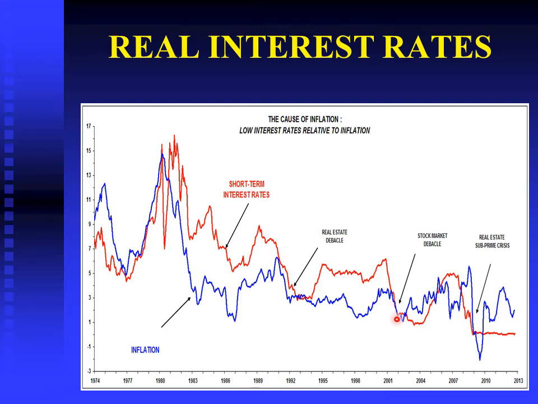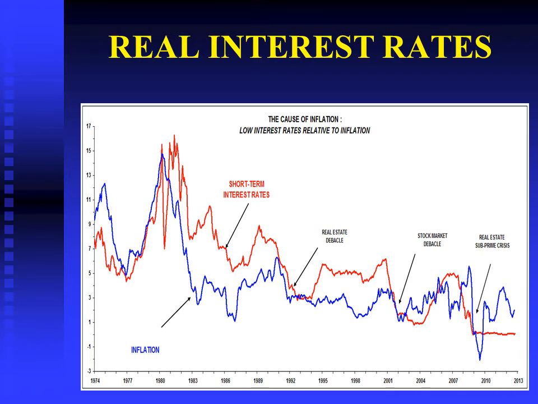Now, however, beginning in 2001, we have a situation very similar to 1974 to 1982, when short-term rates, as you can see, have most of the time been below the inflation rate. So real interest rates were negative. So here we have three periods: 1974 to 1982, when short-term rates were below the rate of inflation, like from 2001 to 2012.